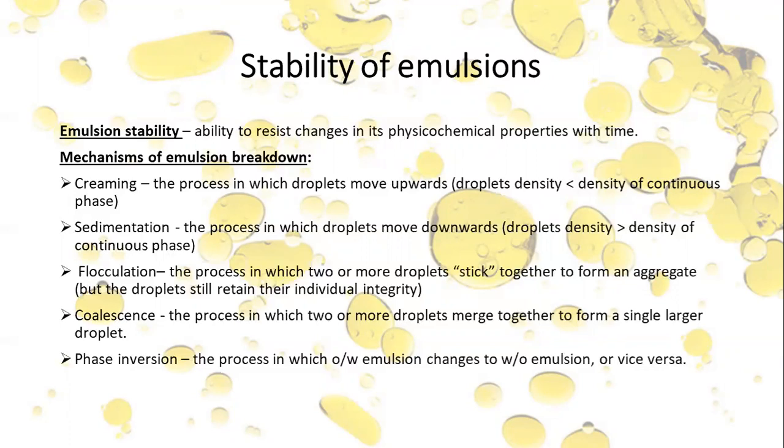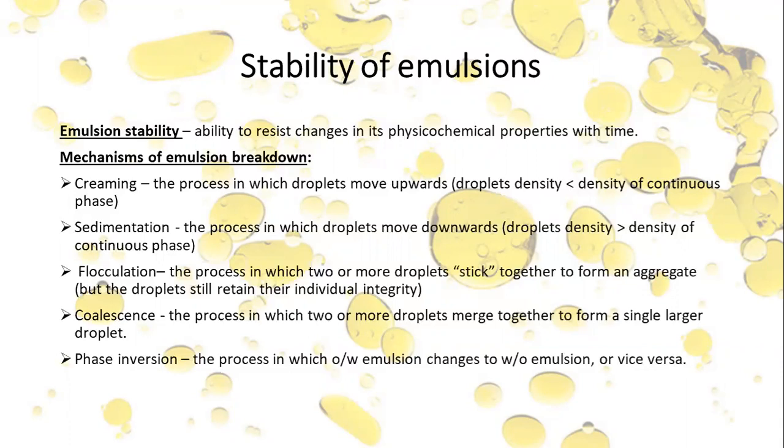At higher temperature, the external phase water may evaporate, making the product more concentrated. And at lower temperature, the aqueous phase may contain ice crystals which rupture the interfacial film and break the emulsion. So care should be taken to prevent temperature fluctuation during manufacture and storage.